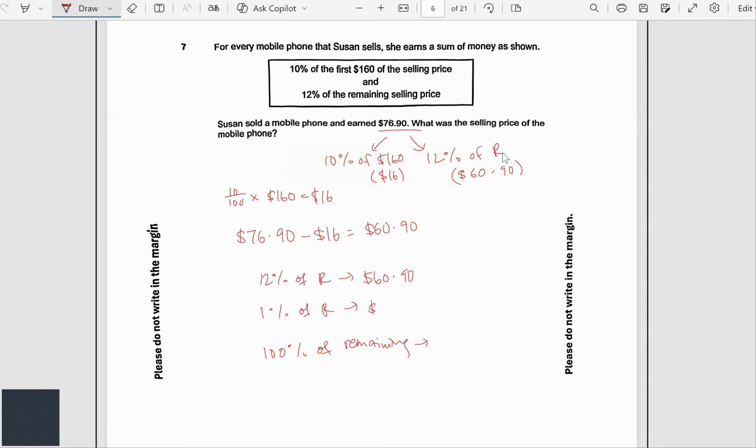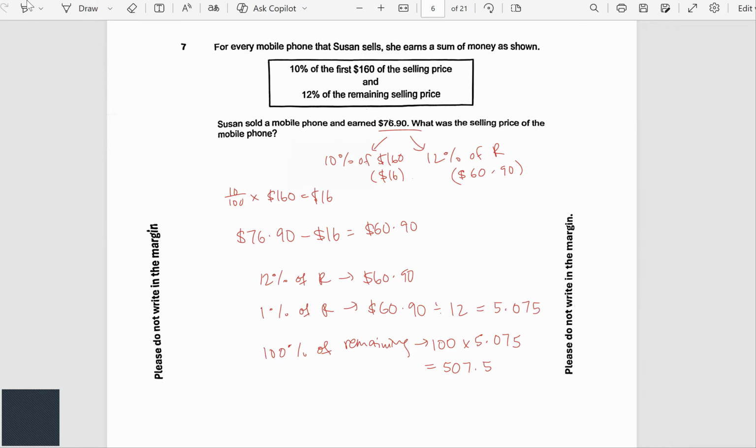So 60.90 divided by 12, since you get a 3 decimal place number, then 100%, so times 100. So this is 507.5.